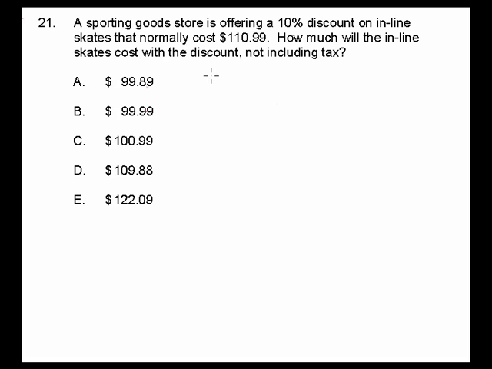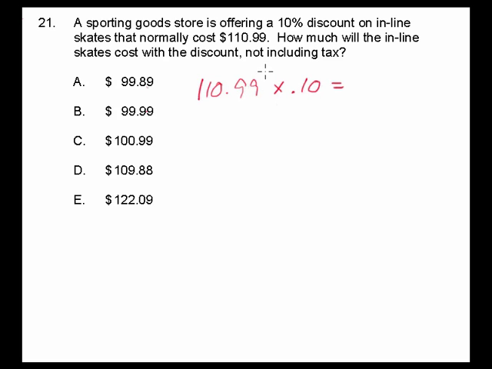All right. So we are starting off with our full price, 110.99. And the sporting goods store is giving us 10% discount. So we multiply that by 0.10. So that's our 10% discount.